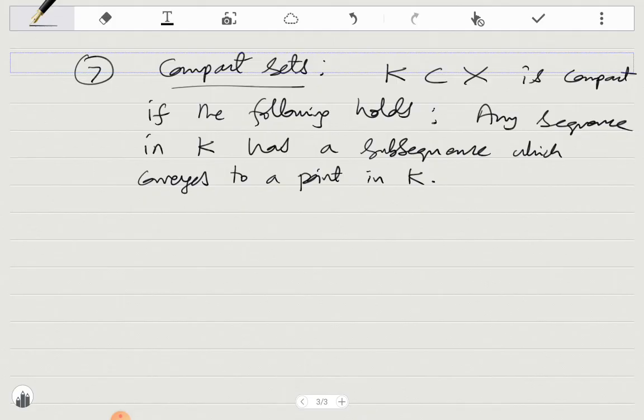Now, the more general definition of compactness is as follows.